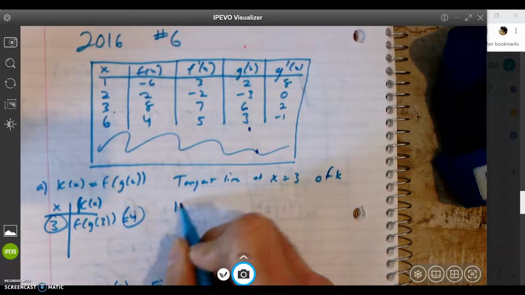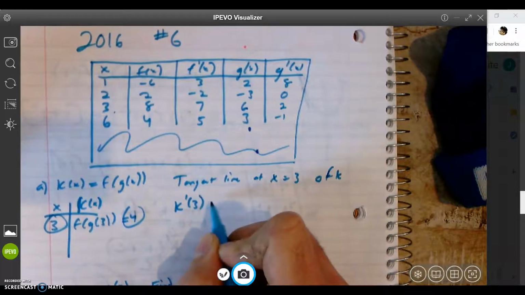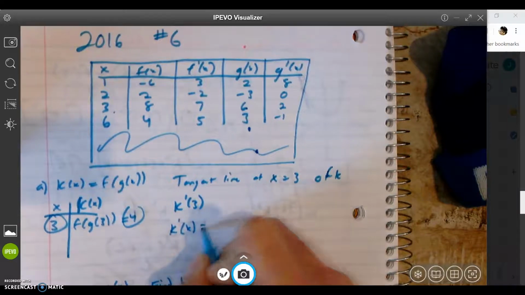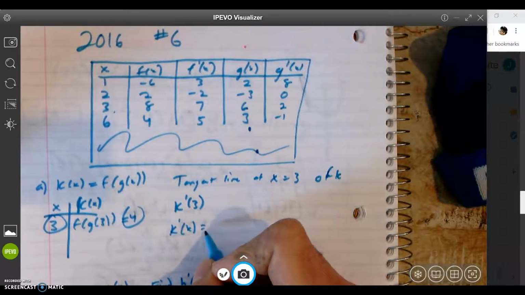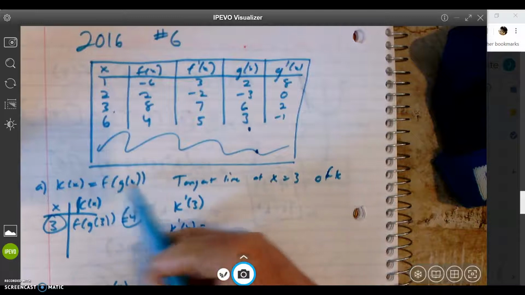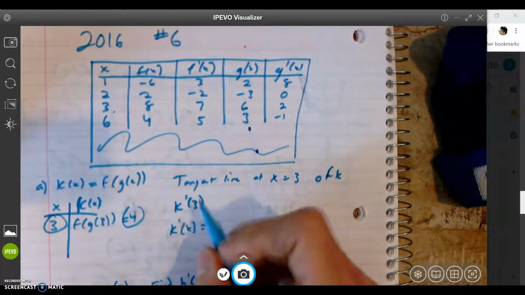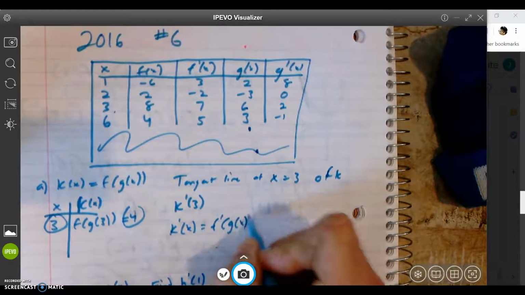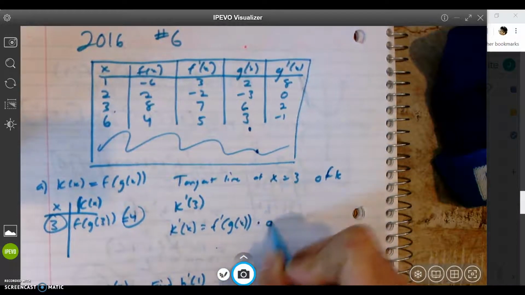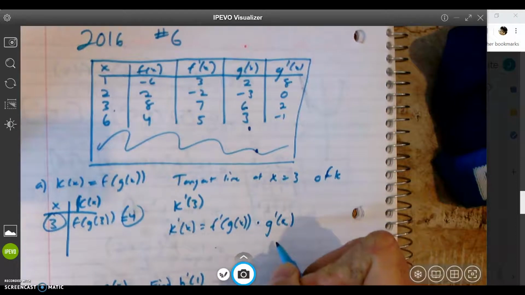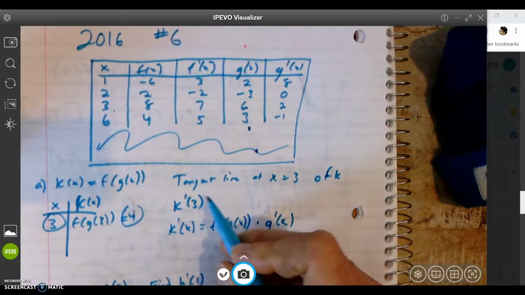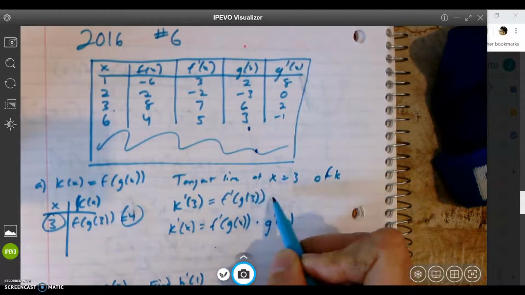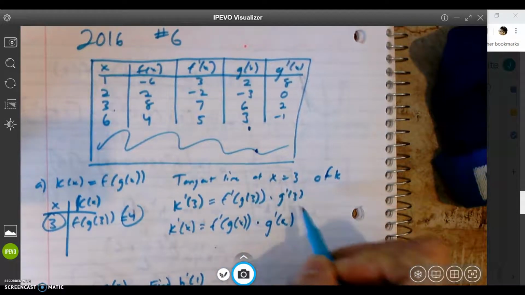Now you have to know what the slope is at 3. But before I do that, I'm going to find the slope in general. Just find the derivative. The derivative of this is actually chain rule: derivative of the outside, keep the inside, times derivative of the inside. Now I'm going to apply it to this. So F prime of G of 3 times G prime of 3.